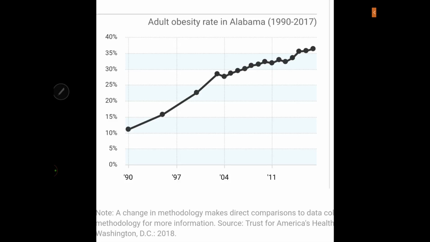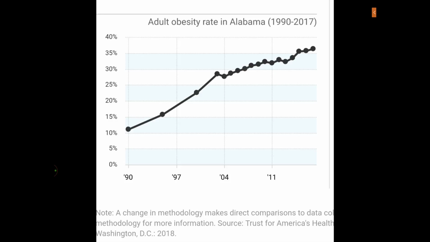In the 1990s, we had about 10% obesity in Alabama with all the health problems. 20 years later, we had around 35% obesity. So every 20 years, it's 25% more obesity. So after another 20 years, it would be another 25.